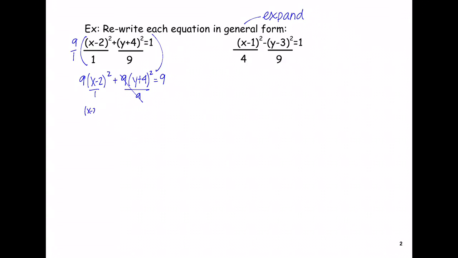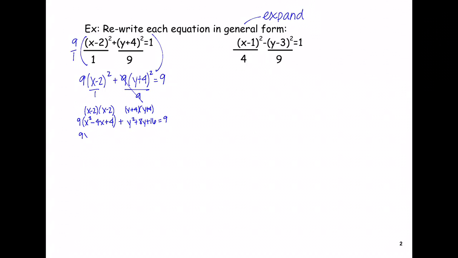So x minus 2 times x minus 2 gives us x squared minus 4x plus 4. Don't forget your 9 out in front of that parentheses. Plus, we want to expand out y plus 4 times y plus 4, which gives us y squared plus 8y plus 16 is equal to 9.